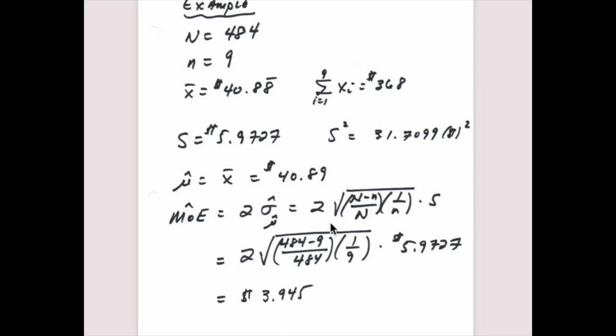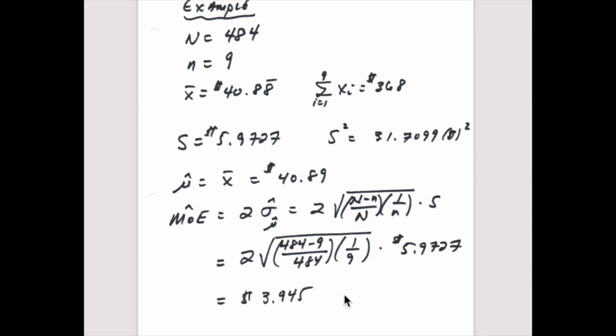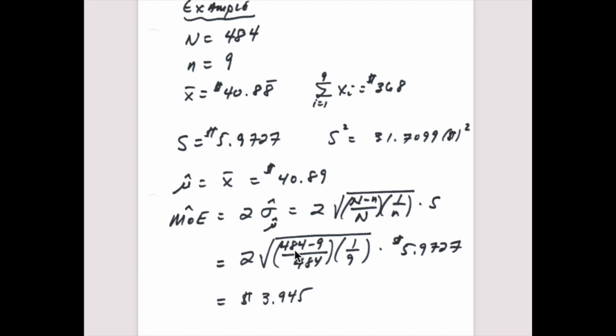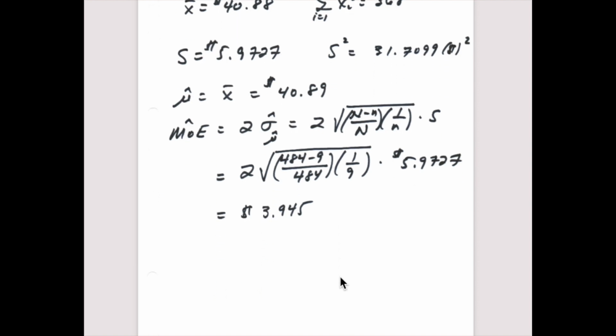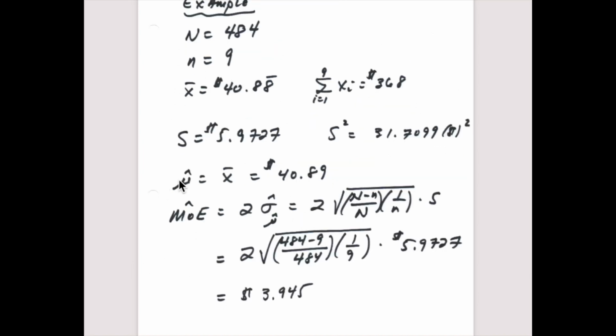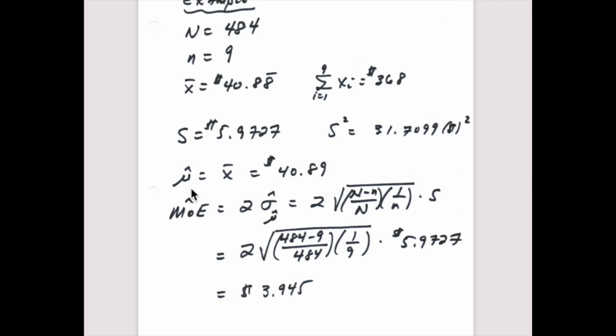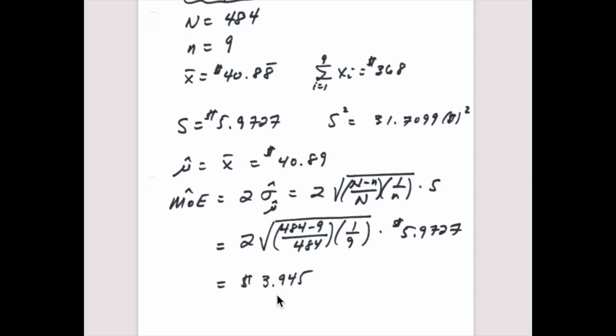I'm using the version that is expressed in terms of the sample standard deviation. The population size is 484, the sample size is 9, and the sample standard deviation to 4 decimal places is 5.9727. When we carry out that calculation, we get an estimated margin of error of $3.945.